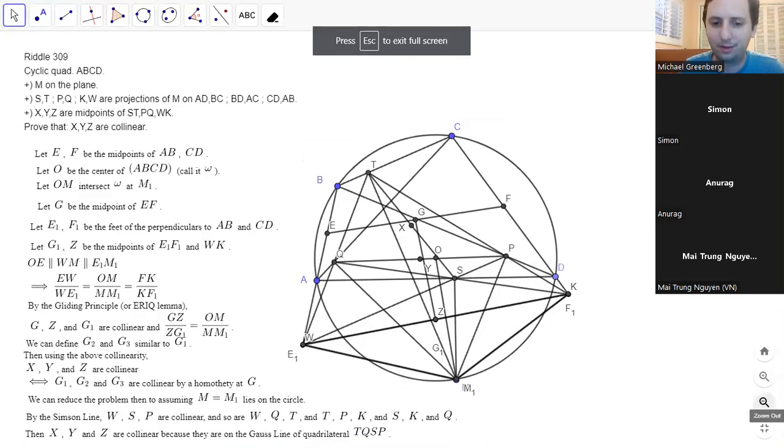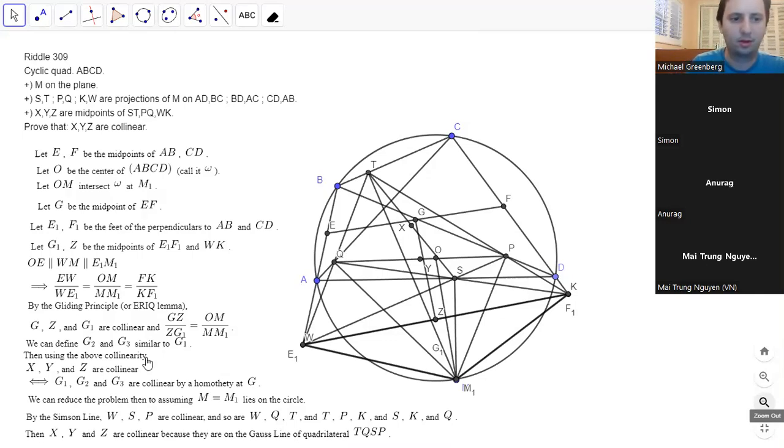Could you please explain how you got the ratio GZ over ZG1 is equal to OM over MM1? Yeah, so OM over MM1 is equal to EW over WE1, and it's also equal to FK over KF1. And then GZ and ZG1, those are all halfway between those segments.